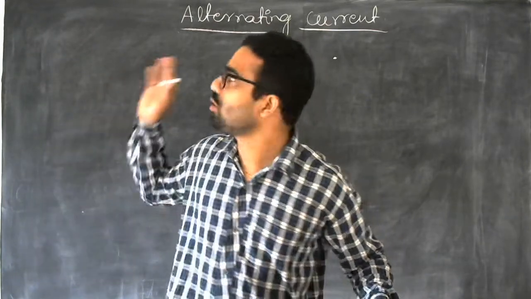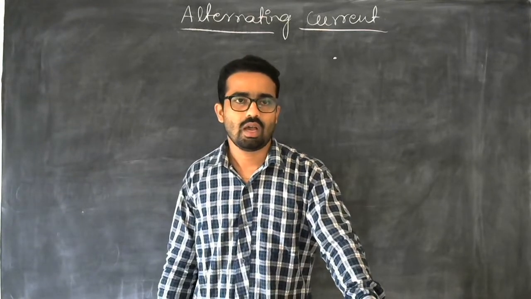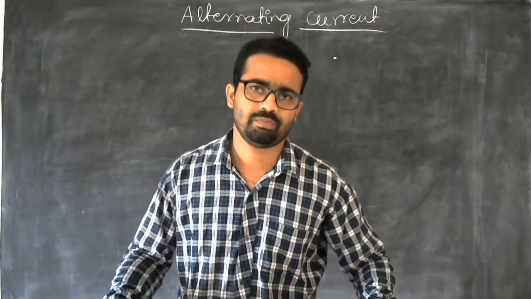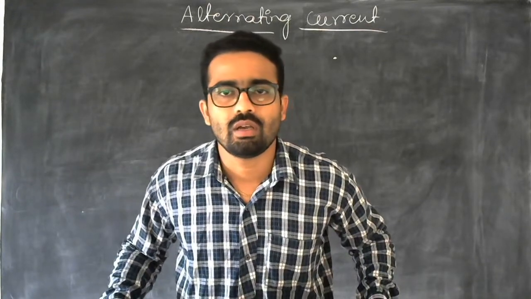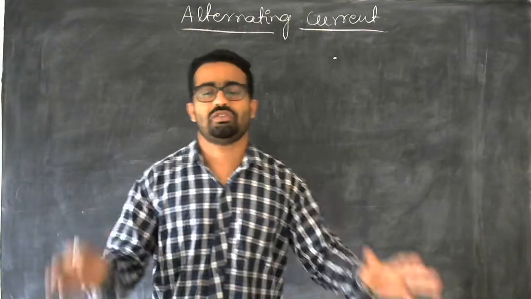Today we are going to a new chapter, that is alternating current. And we already know about it because it is very familiar for us. Why? Because if you look at our home, we use many equipments.